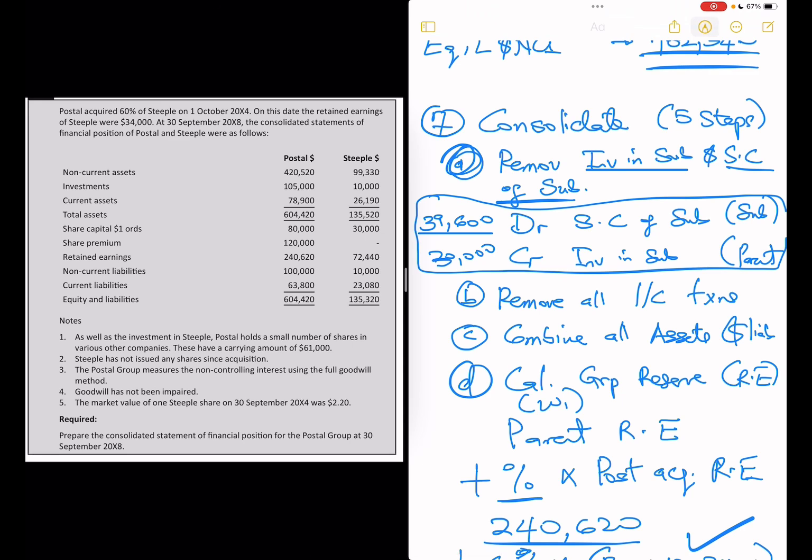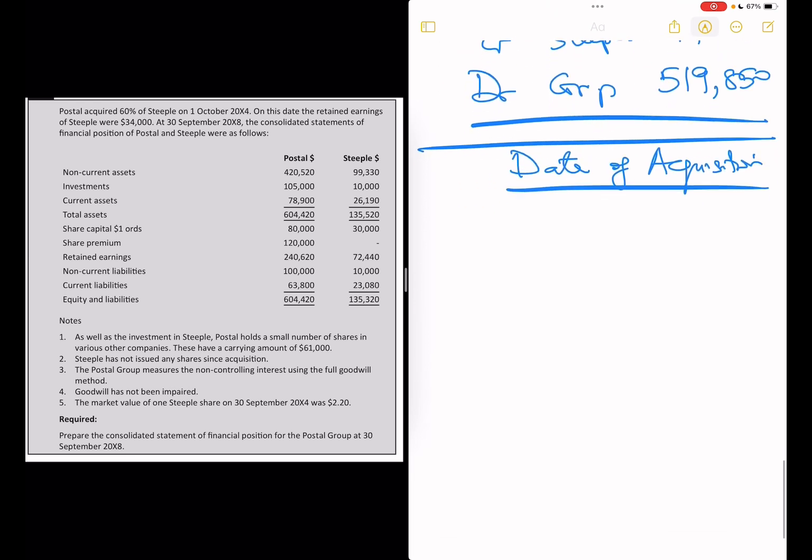I know a lot of you probably have never seen this before, and most lecturers don't teach it like this because it can be confusing, but I'm going to break it down for you. This is what happened on date of acquisition. And I call it your date of acquisition adjustment because it's important to understand this. If you understand this, consolidation is also simple for you. This is the adjustment that you are making.